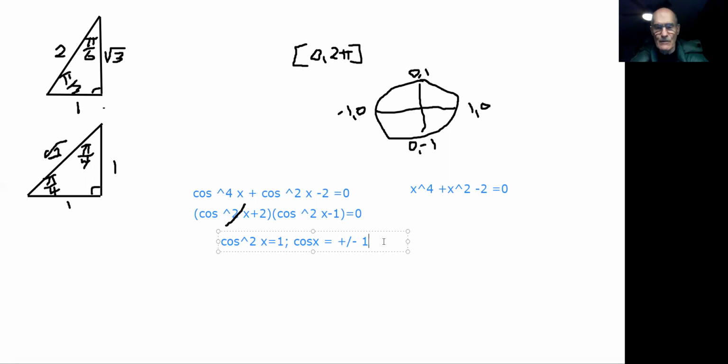Now, once again, your equation here, cosine squared x equals 1, so cosine x equals plus and minus 1. Cosine is your x coordinate. So if you look back over here at your unit circle, one of the solutions here is 0. So we have x equals 0.